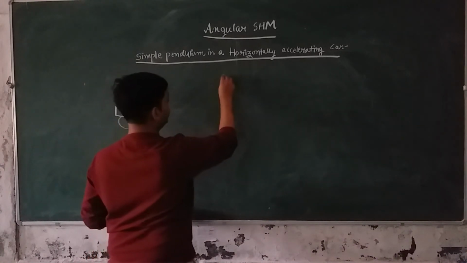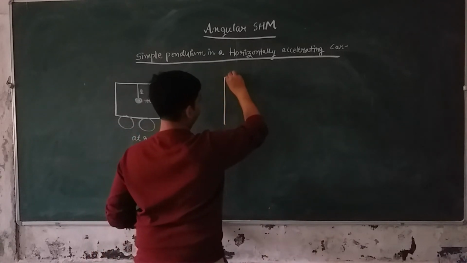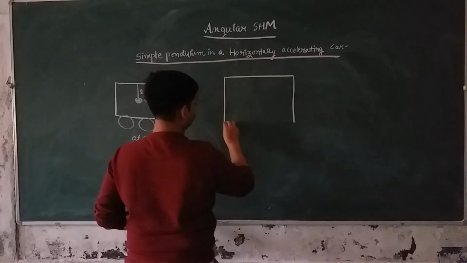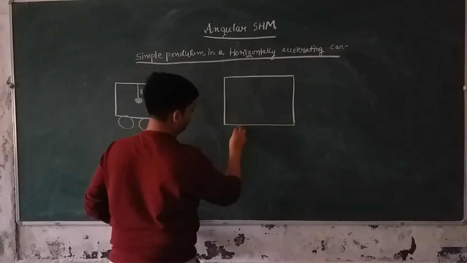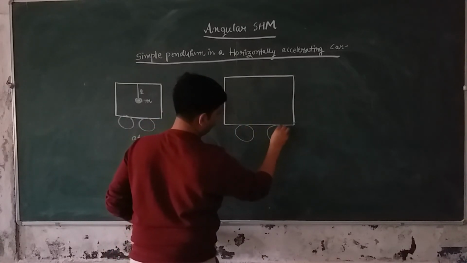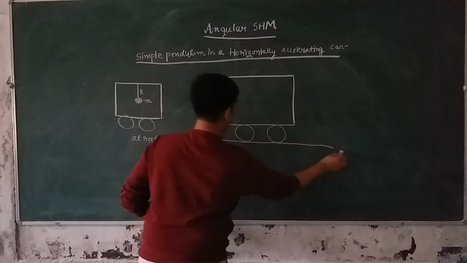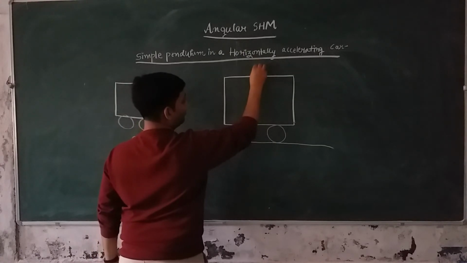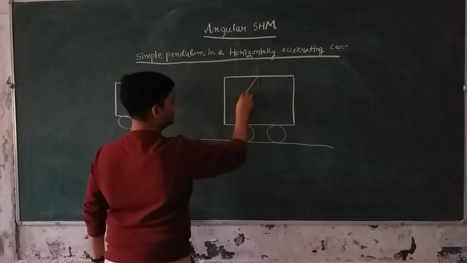So again I am drawing this car. So let's say now the simple pendulum makes an angle of theta with the vertical.